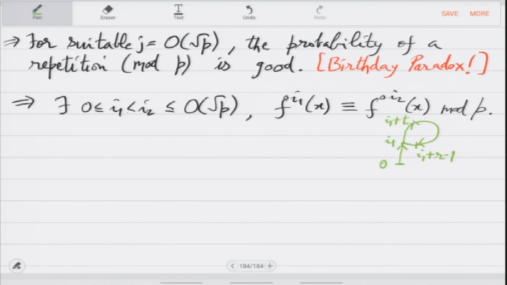This is also the reason why it's called the rho method, because you can look at this picture of how the sequence f^i(x) mod p is changing. It may start at some value, but after a few iterations, at the i1th iteration, that particular value will repeat with period r.